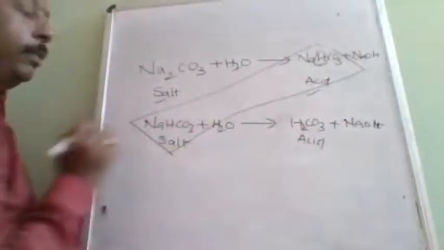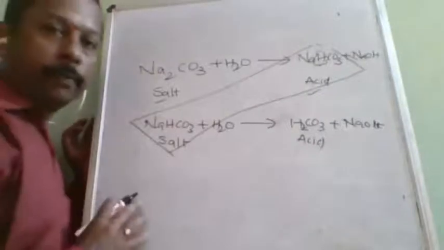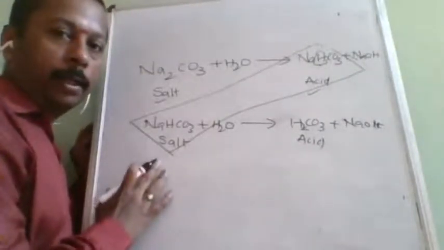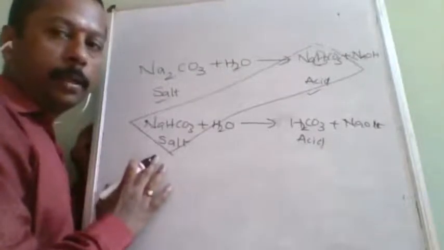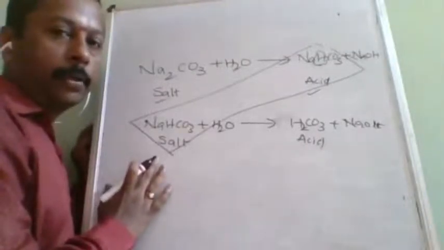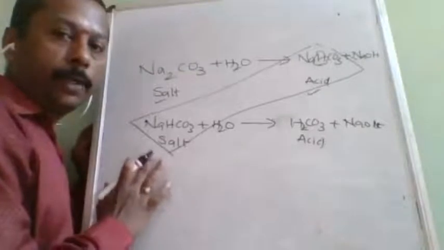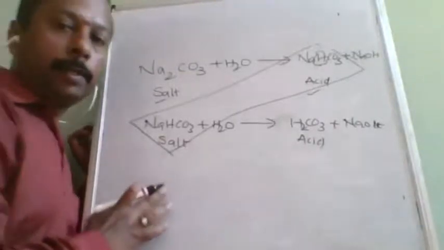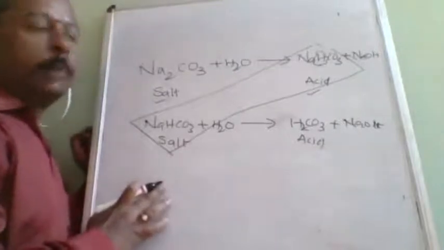That is why the buffer topic is very difficult. How to utilize them and how to calculate them, you will get a clear idea in the numerical session. You have to treat the same substance as sometimes an acid, sometimes a base.